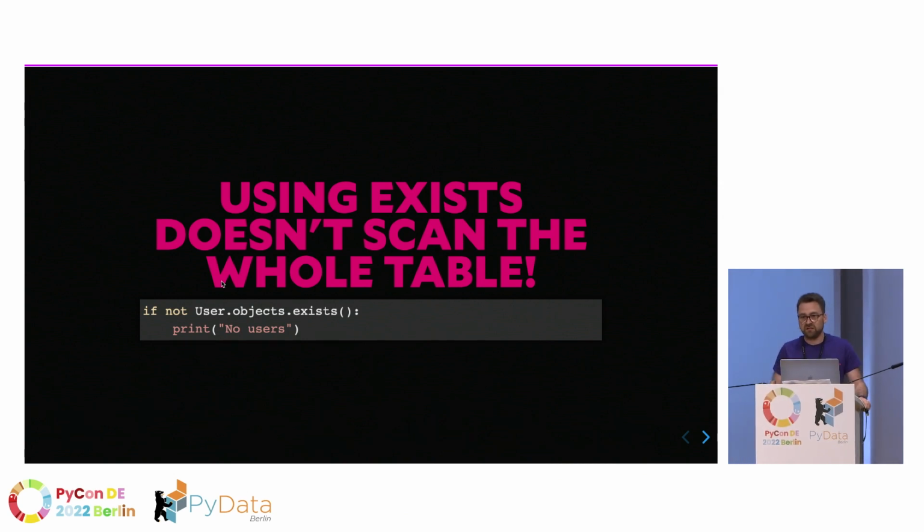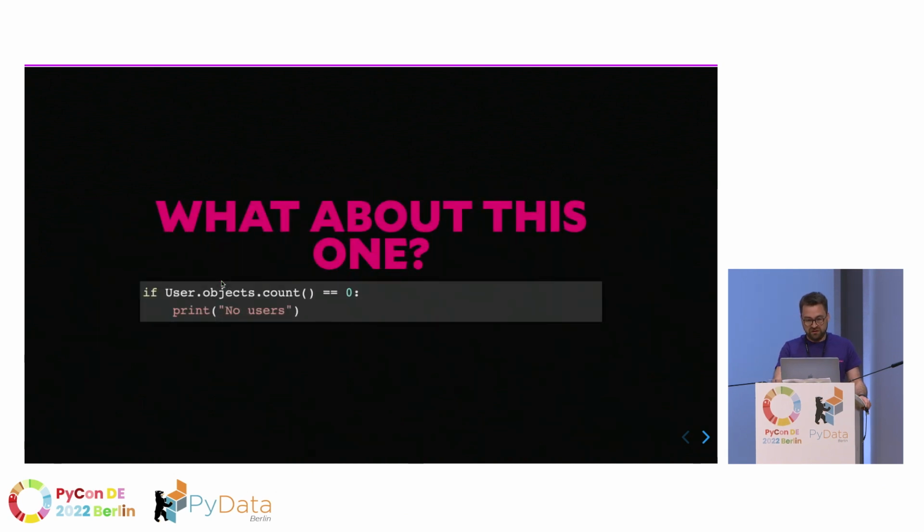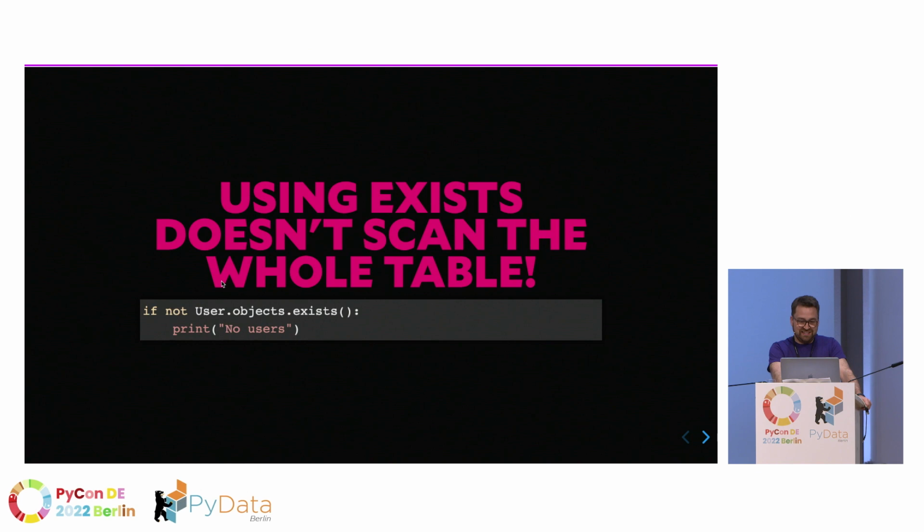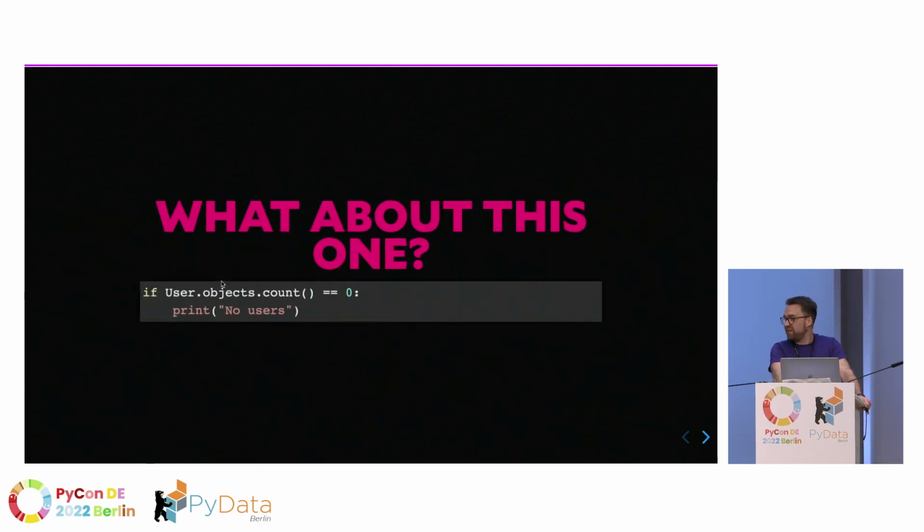Also, you don't need to check if it is null. You can write: if not User.objects.count(). Yeah, but this is just Python, right? This is not Django ORM. Yeah, exists is better. You're right. You could skip the equals 0 here, obviously.